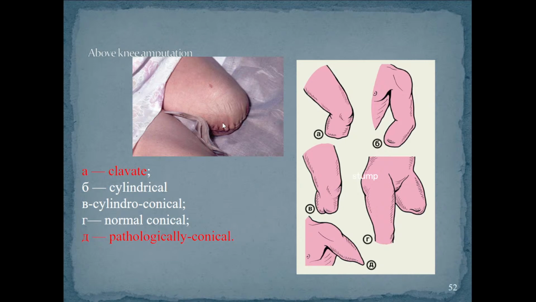Here you can see the normal stump, the most often performed operation in case of leg amputation. In most cases, if we do not apply additional methods of investigation, I mean visualization of the vessels, this is the most reliable level of amputation. Such a stump will heal up in almost 100% of cases.